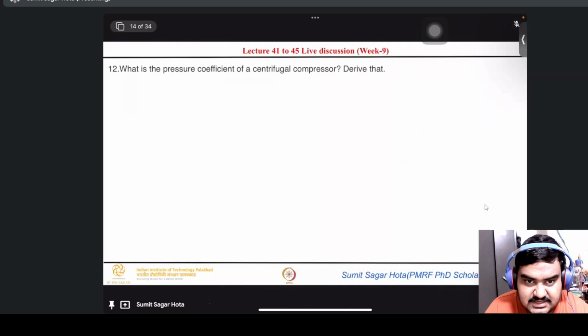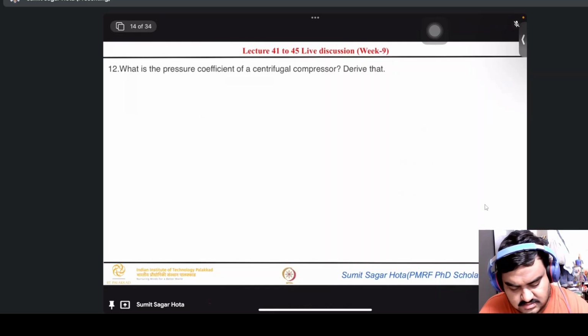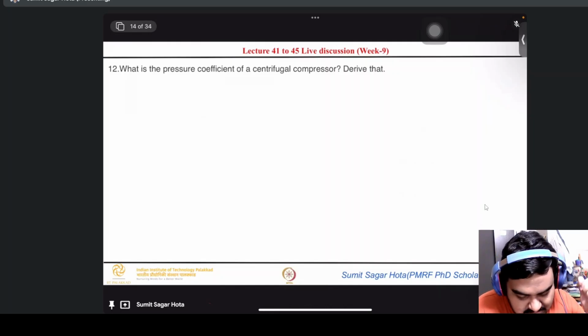What is the pressure coefficient of a centrifugal compressor, and then derive that.